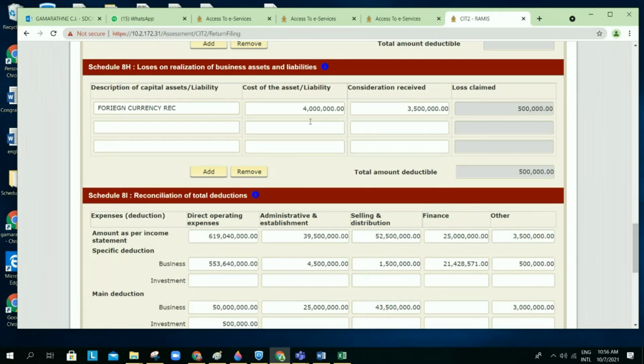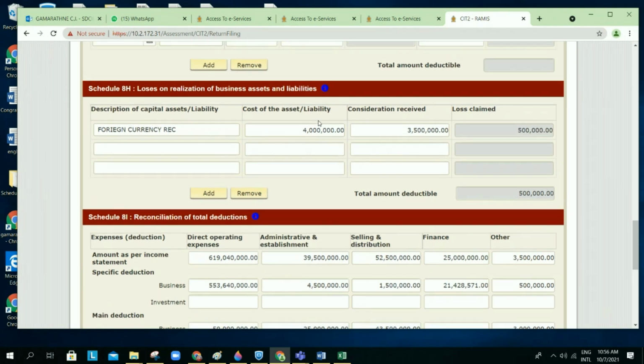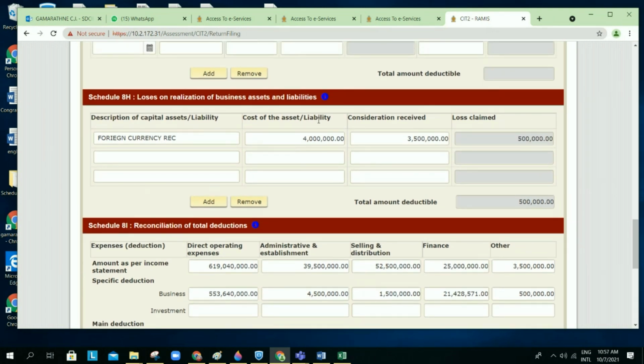Schedule 8H is mainly concerned with Section 17, right? As the details given in the example, there was a foreign loan and they already recognized this loan as 4 million. Once it is settled, they only receive 3.5 million due to some impact from the foreign currency or whatever, right? On this basis, they incurred a 500,000 loss.